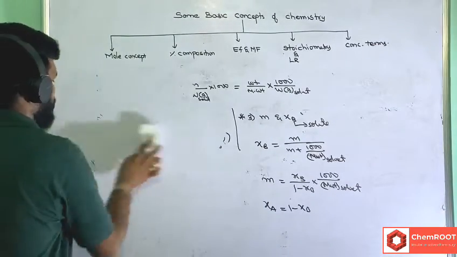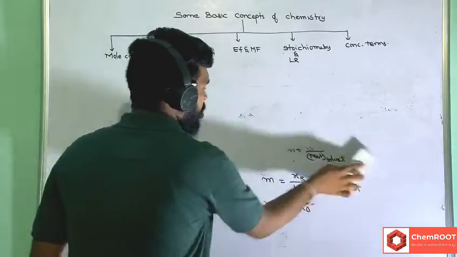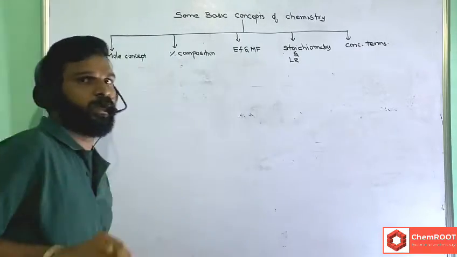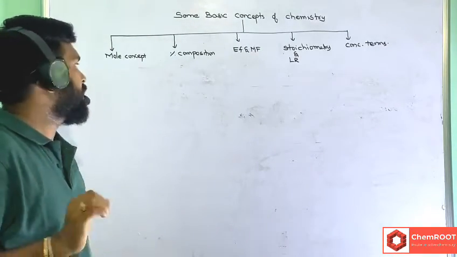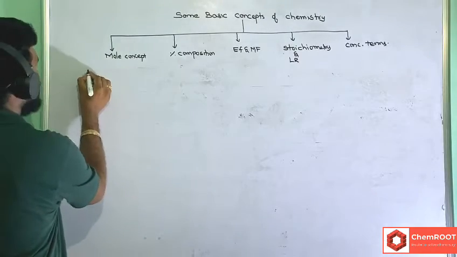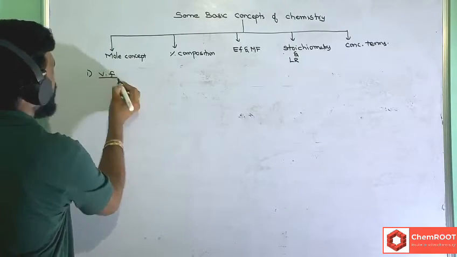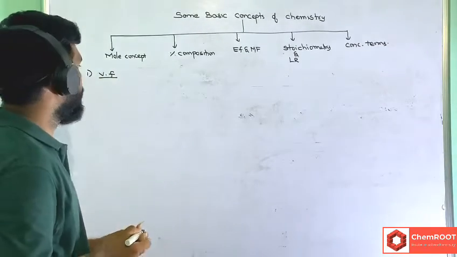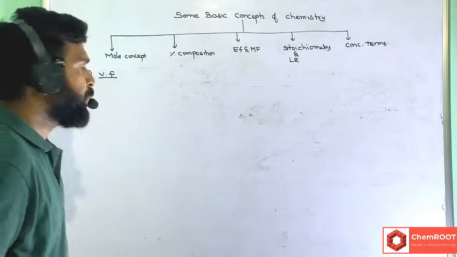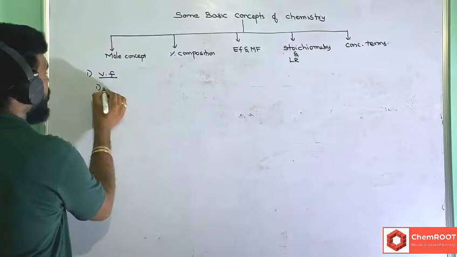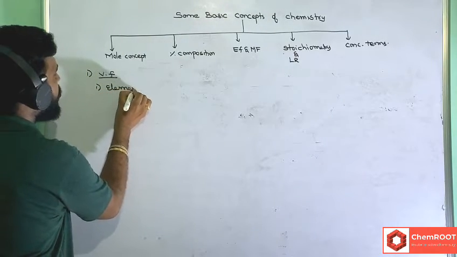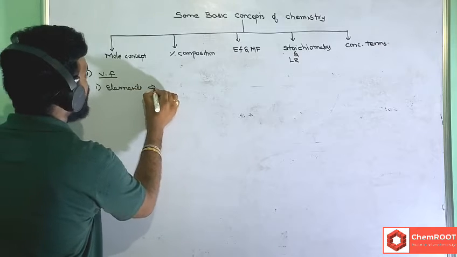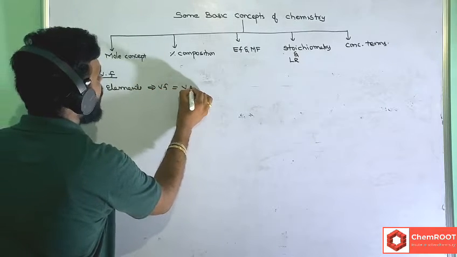Before going to the normality term, we will discuss the valency factor first. Valency factor is also called the n factor. How can we find it? If you take elements, the valency factor will be equal to the valency of the substance.